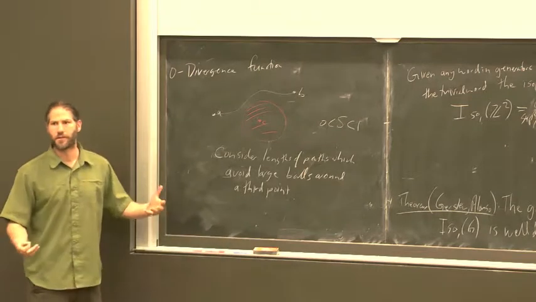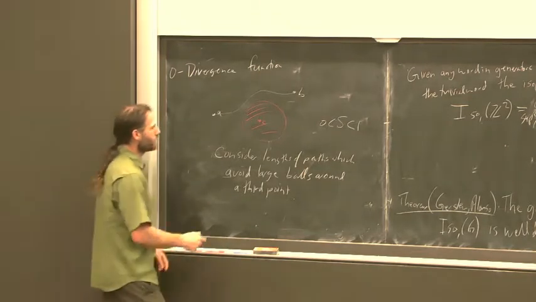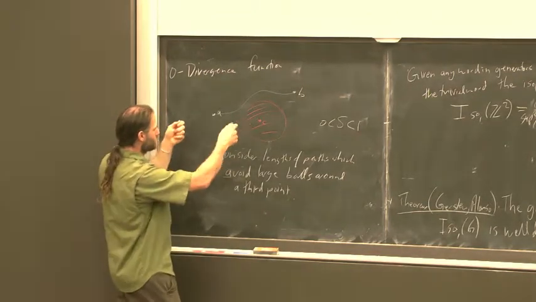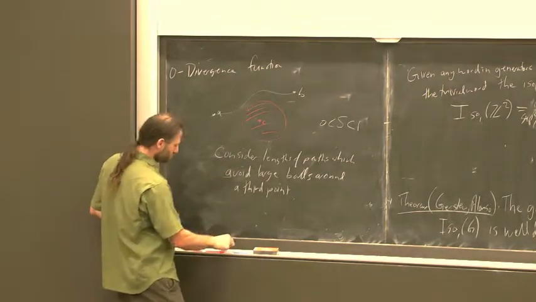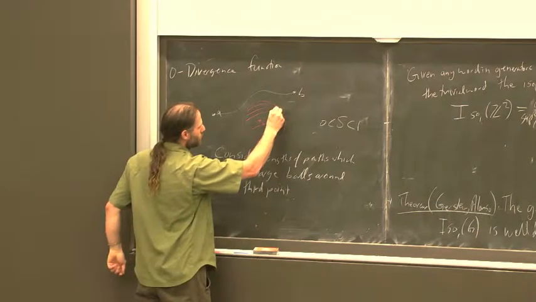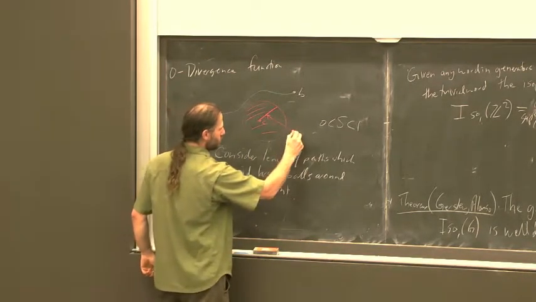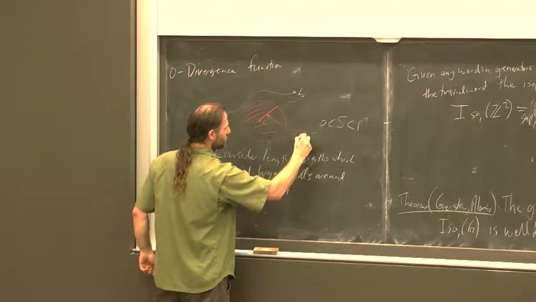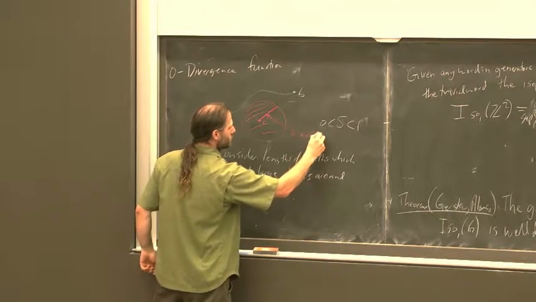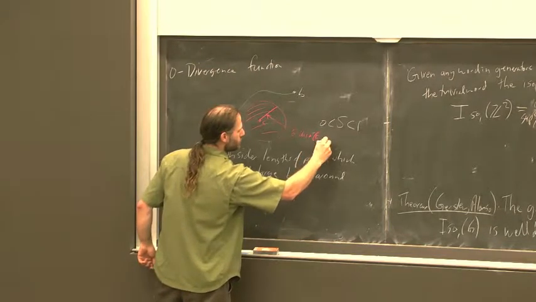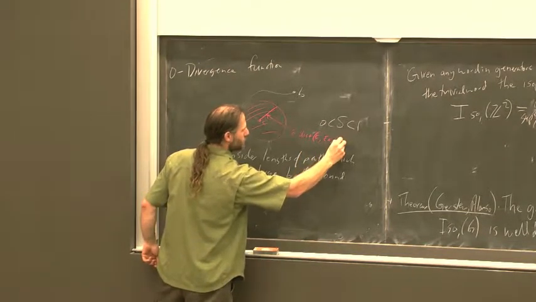So you fix some constant delta between 0 and 1, and then you take your points, which are all distinct points A, B, and C, and then you remove a ball, and the ball you remove is going to have radius delta times the distance between C and the set A, B.